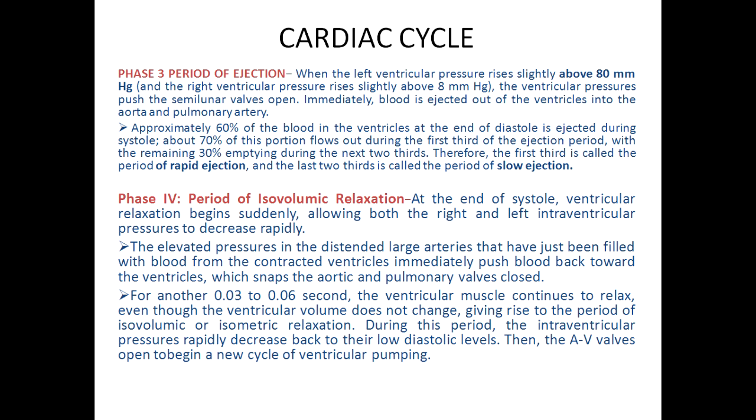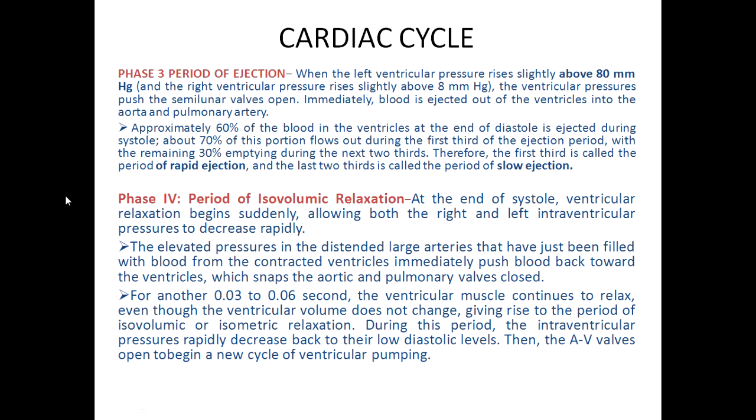These valves will open and the blood from both ventricles, from the left ventricle rushes into the aorta, and from the right ventricle it rushes into the pulmonary artery. So this is called ejection of the ventricles. This phase is called the period of ejection, which is phase 3.